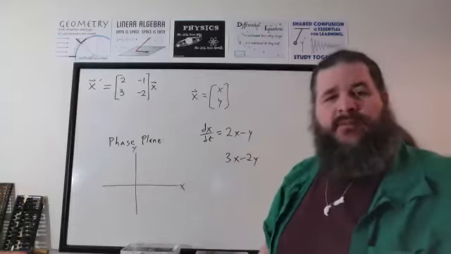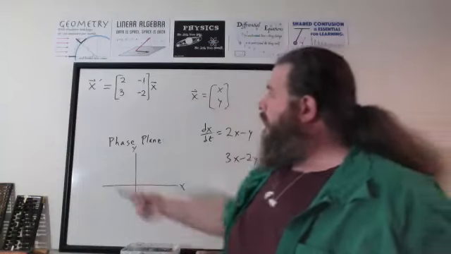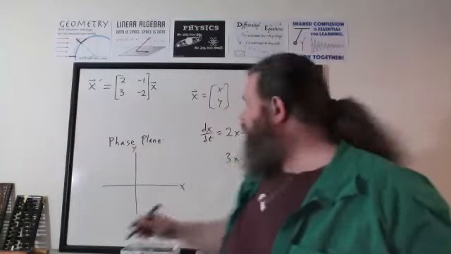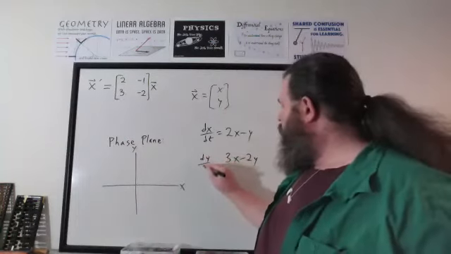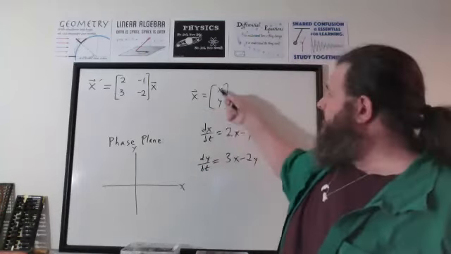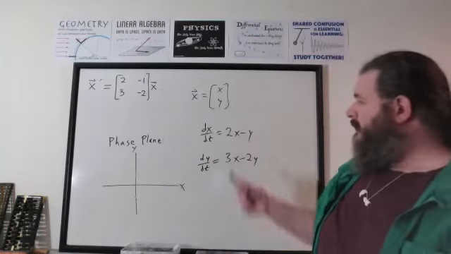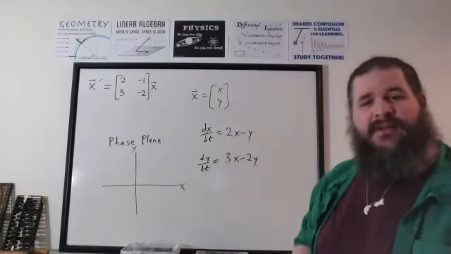So just standard matrix multiplication, multiplying this matrix by this vector and setting it equal to the derivative of this vector. So if we think of the x vector as a vector of two functions, x and y, we can say dx dt is 2x minus y and dy dt is 3x minus 2y.